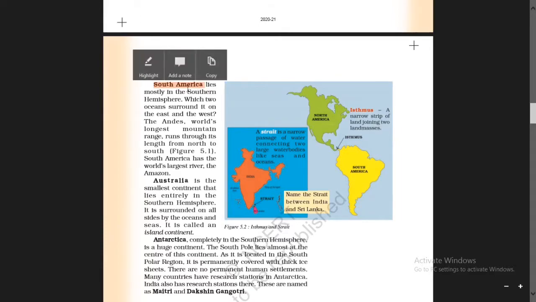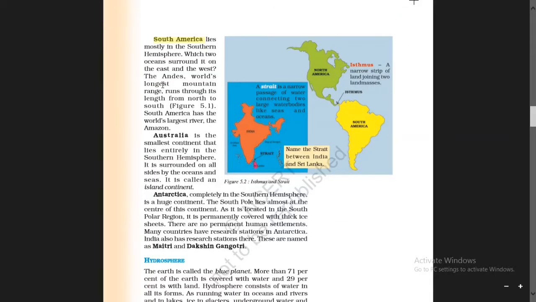That is South America. South America lies mostly in the southern hemisphere, surrounded by oceans on the east and the west. The Andes is the longest mountain range. It runs through its length from north to south. This one again, you mark it.